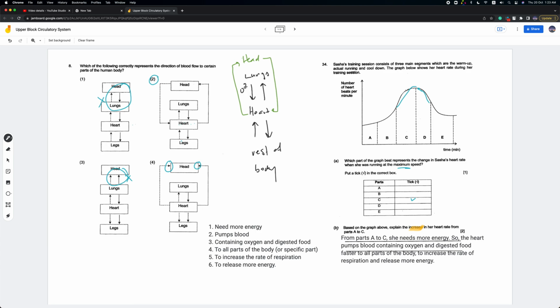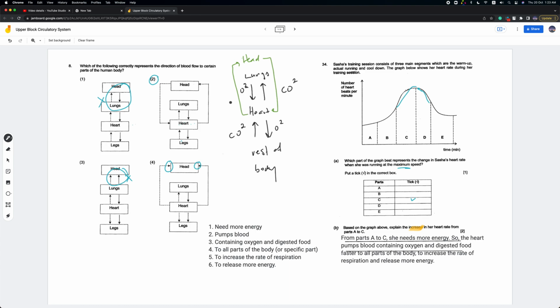And then when it flows out of the heart, remember, out of the heart it can be to the rest of the body or to the lungs. If it's to the rest of the body, before it enters any part of the body, it's rich in oxygen, and whenever it passes the body, it is rich in carbon dioxide. See, it has passed through the head, it is rich in carbon dioxide.